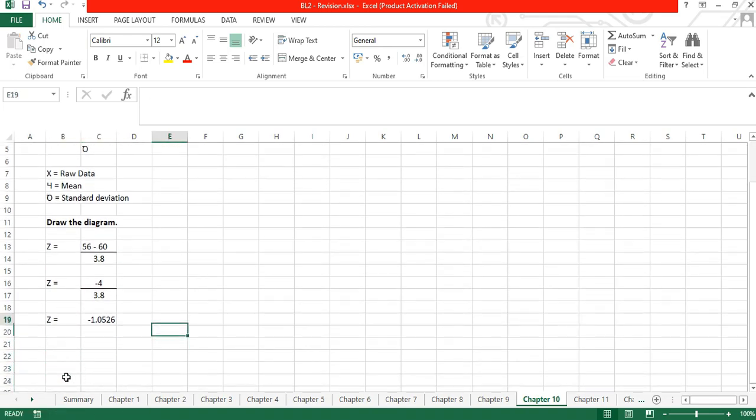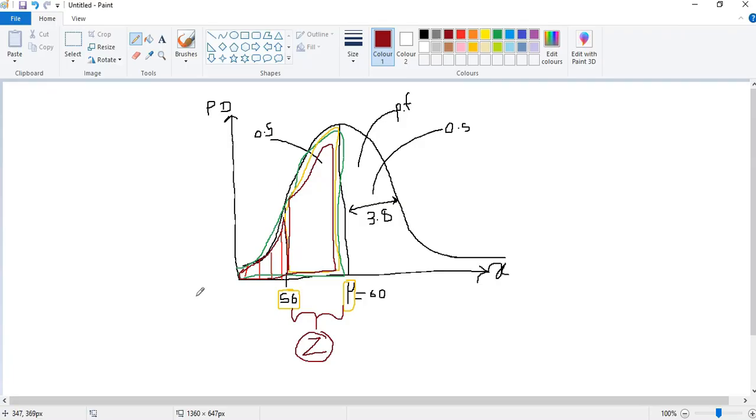Now, remember the one theory. If the z-score is minus, that means the raw data x is below the mean. The raw data I am telling is this 56, isn't it, as per the question? This is less than the mean of 60, no? That's why the z-score is negative.